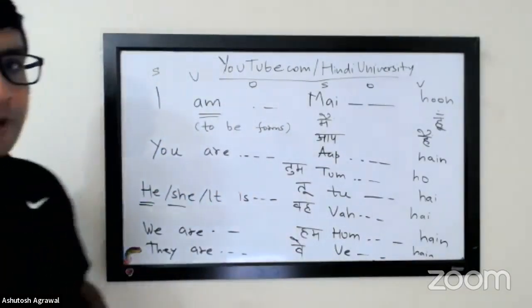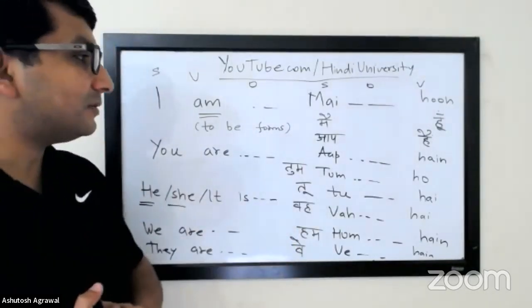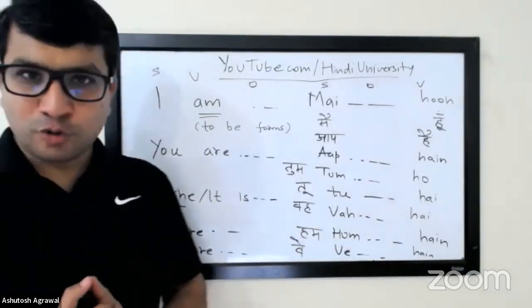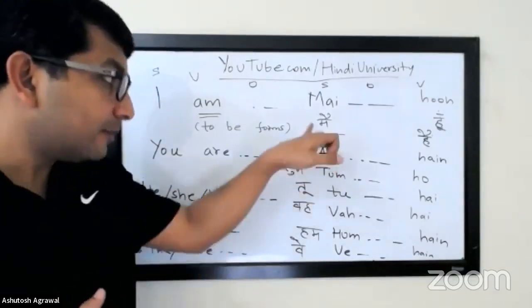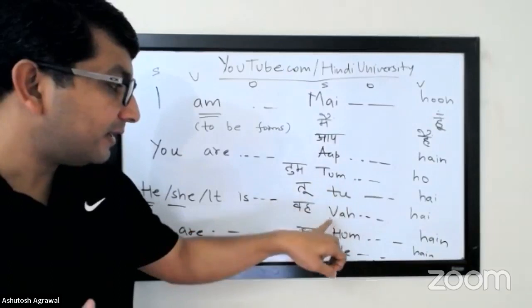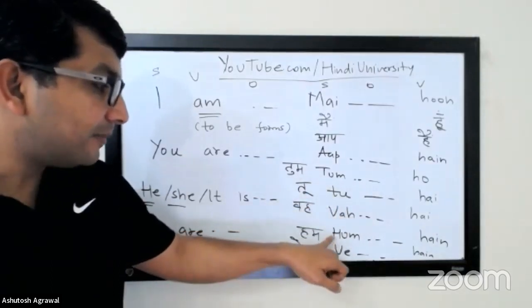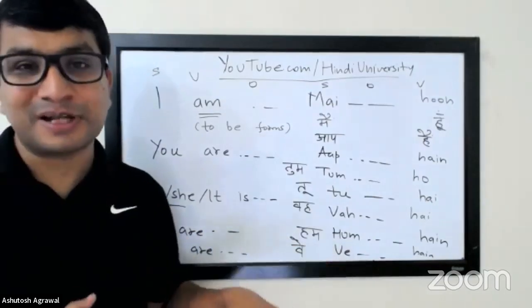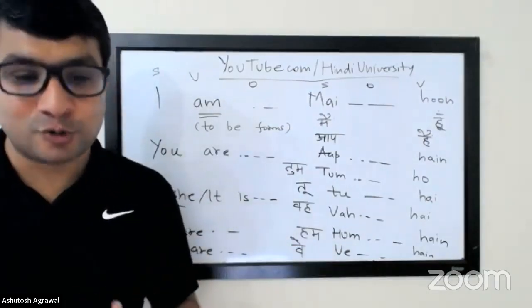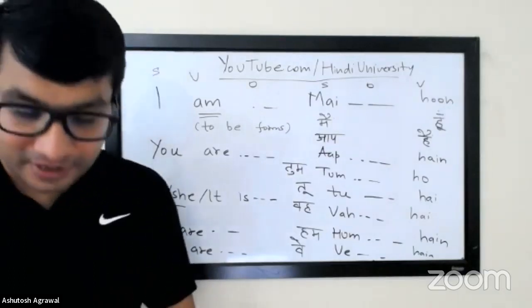Okay, so as of now I want you to just remember. If you want to take time to write it or remember it, go over it one more time. Remember: मैं हूँ, आप हैं, तुम हो, तू है, and then वह है, हम हैं, and वे हैं. Remember that, okay? There's no other short way to help you memorize it.